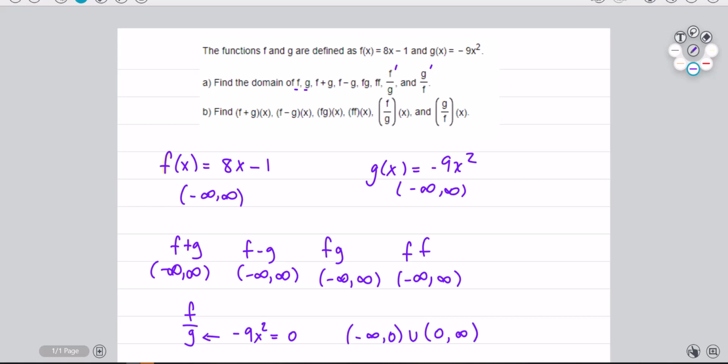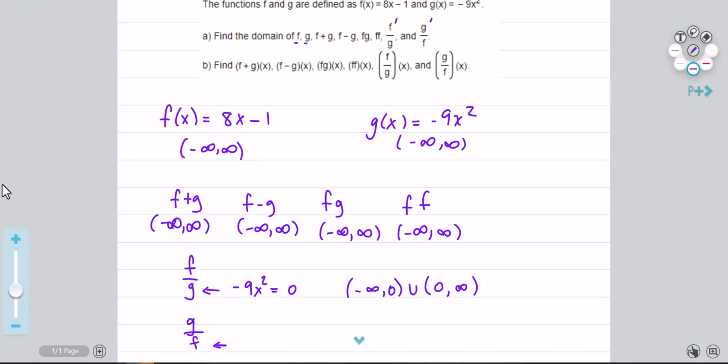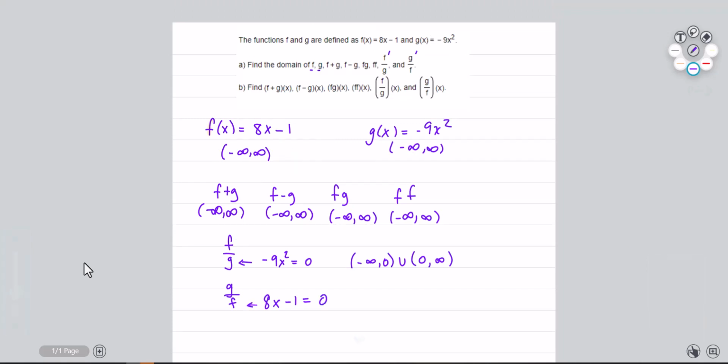The same thing works if I'm looking at g over f, where now, let me get this where I can see my function up here. There we go. So now I'm looking at, on the bottom here, when 8x minus 1 is going to equal 0. That's a big no-no because I'm going to divide by 0.